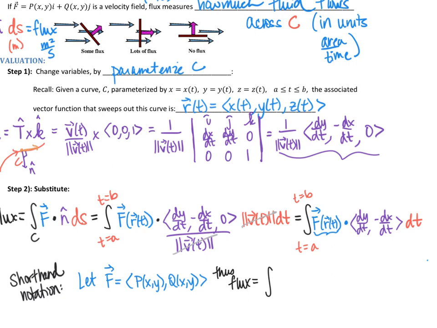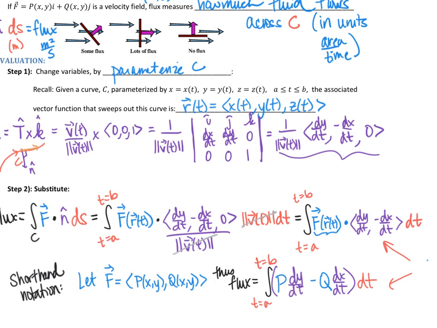I'm not going to write P of t, Q of t. You will need to do that. You'll need to change everything to be in terms of t, but I'm just going to write P, assuming you've switched it, dy dt, and then minus Q dx dt, just from taking the dot product of those two vectors, and then this whole thing will be dt. So these are equivalent, what I have right here and right here. It's just two different ways of writing it.